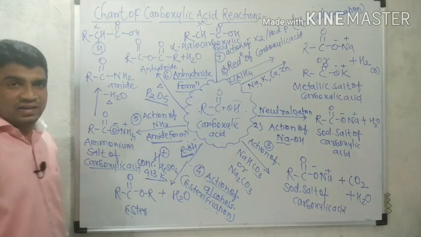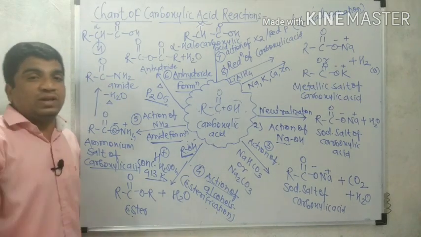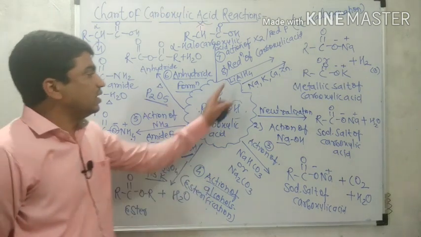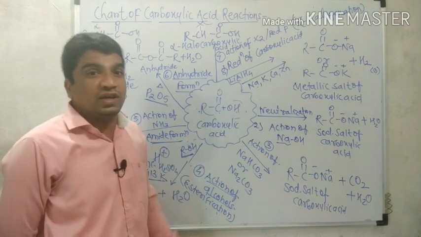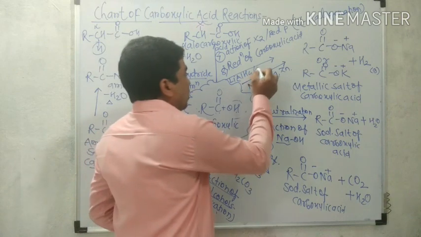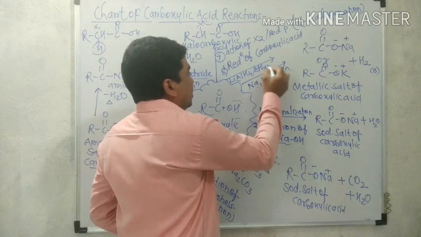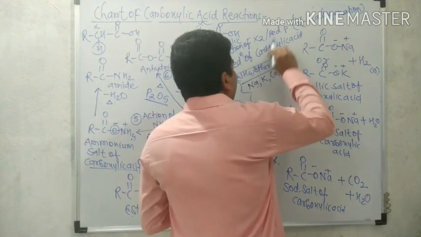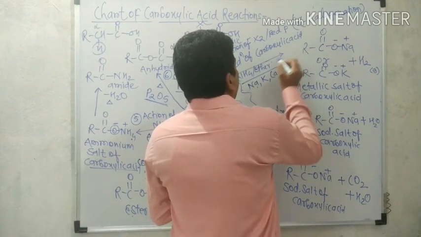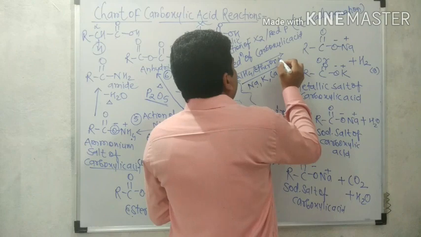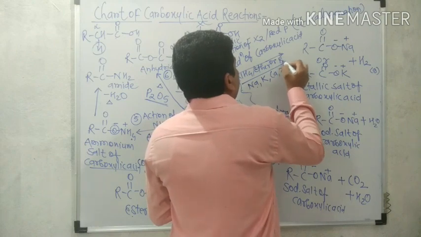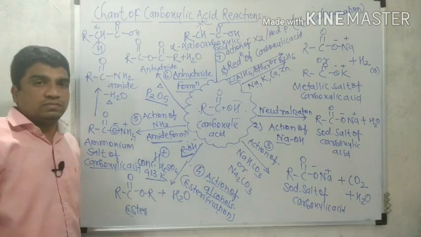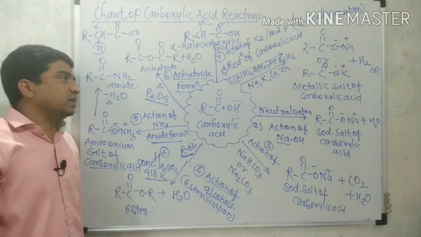We know that carboxylic acid can be reduced by using a strong reducing agent, LiAlH4, lithium aluminum hydride, in the presence of solvent ether, or by using B2H6, that is diborane, as a reducing agent.